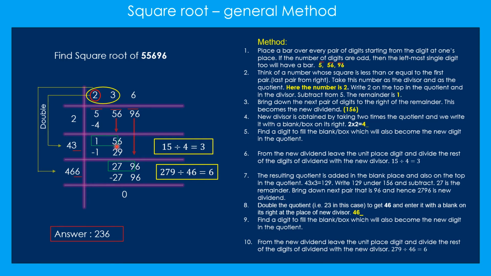Now you have to find the new divisor for this dividend. So what you do next is you double the quotient. The quotient here is 2, right? So you double the quotient and you write it here with a blank space to its right. So 2 times 2 is 4, and after writing 4, you write the blank space.